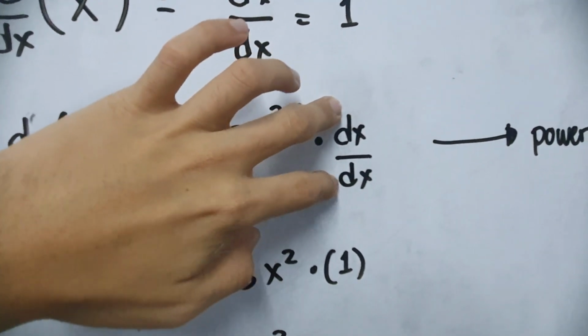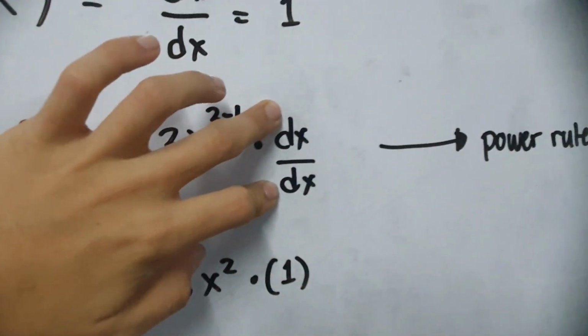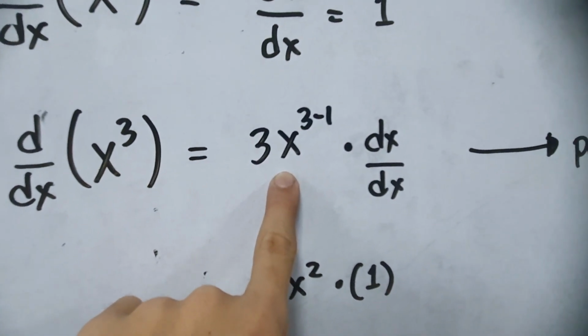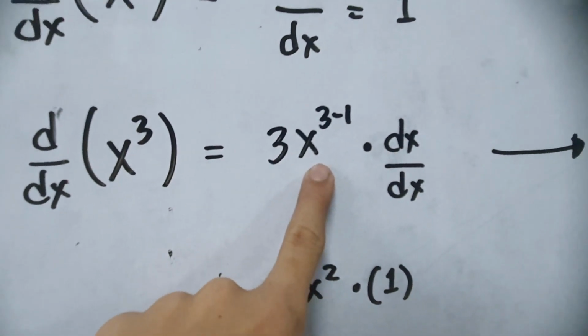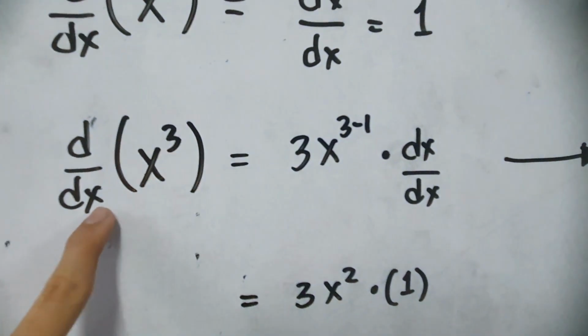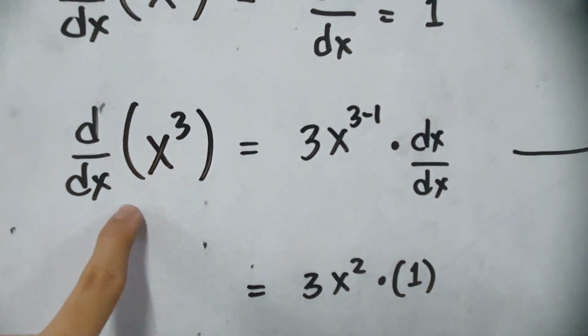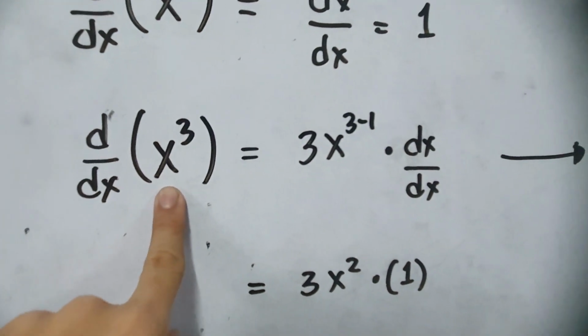So this is what is actually happening in the power rule. In the power rule, aside from applying manipulation on the power, we also need to derive the variable. As you can see, the variable x is coinciding or agreeing with the variable we need to derive to.